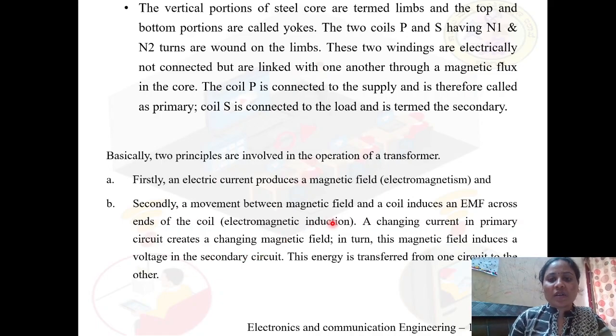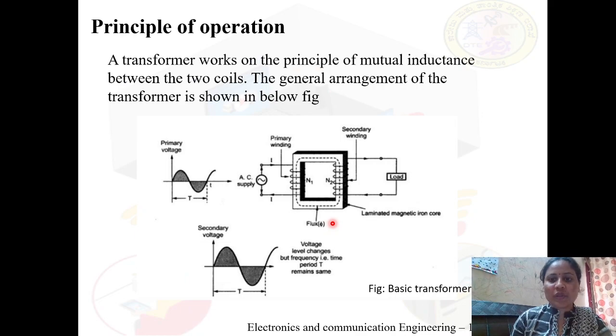That is, in order to understand the principle of mutual induction, whenever we provide the supply here, there will be current flowing through the primary coil, and it produces magnetic flux in the core, which we have indicated with these dashed dotted lines.